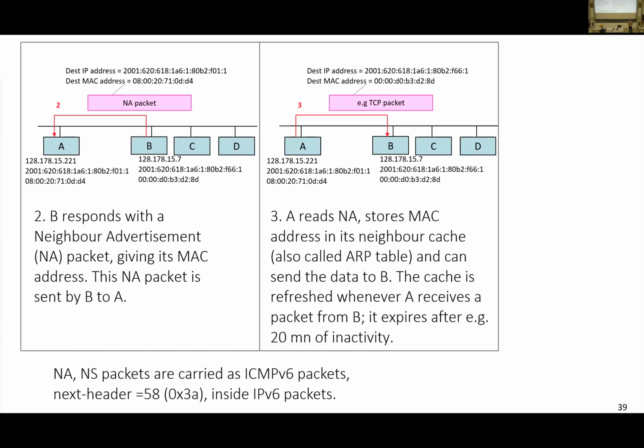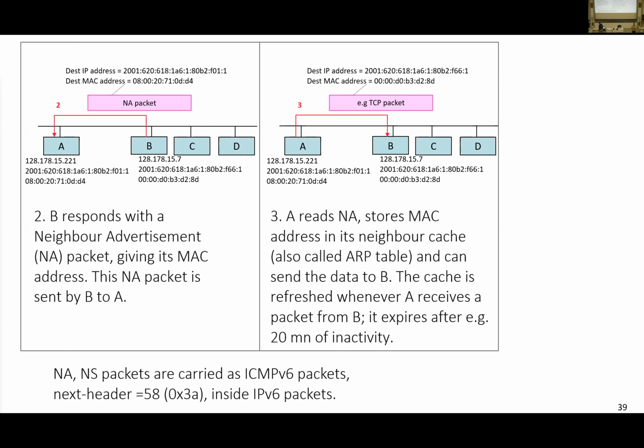So with IPv6, every host keeps in memory, in temporary storage, everything it knows about all the neighbors with whom it talks. So A will keep in this neighbor cache the MAC address, and it will refresh the cache whenever there is evidence of communication that works. What is evidence of communication that works? Well, whenever A receives a packet from B, for example, which will invariably occur, because if A sends something to B, quasi all applications are both ways.